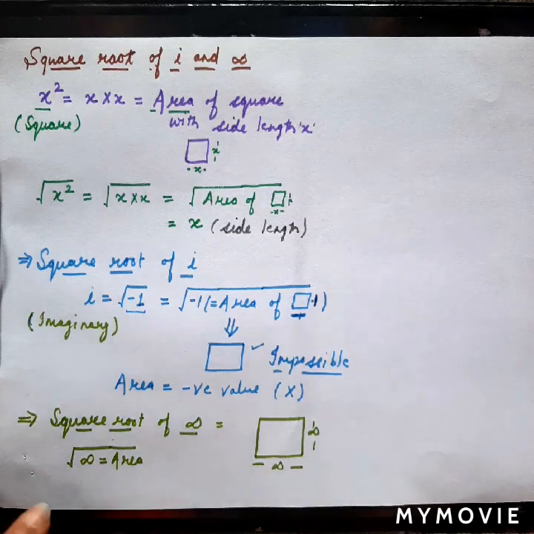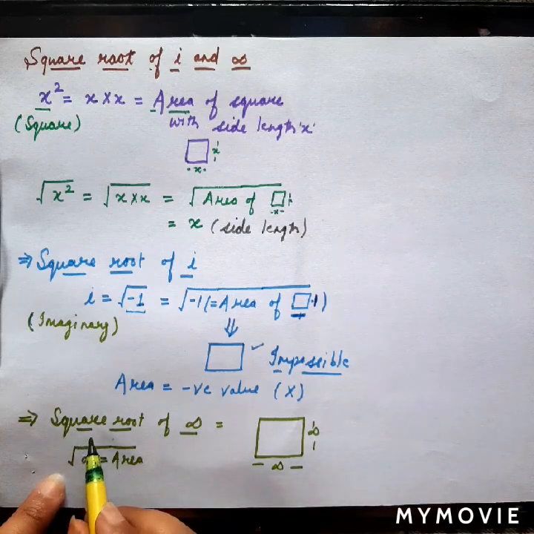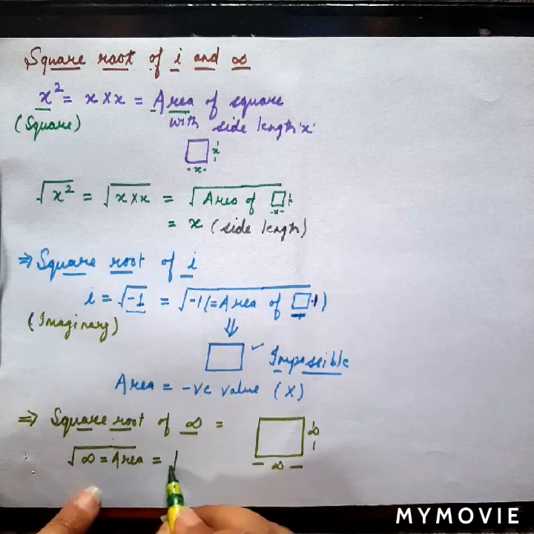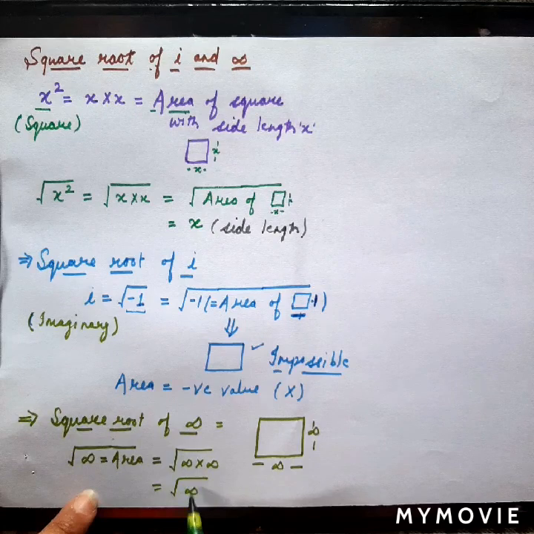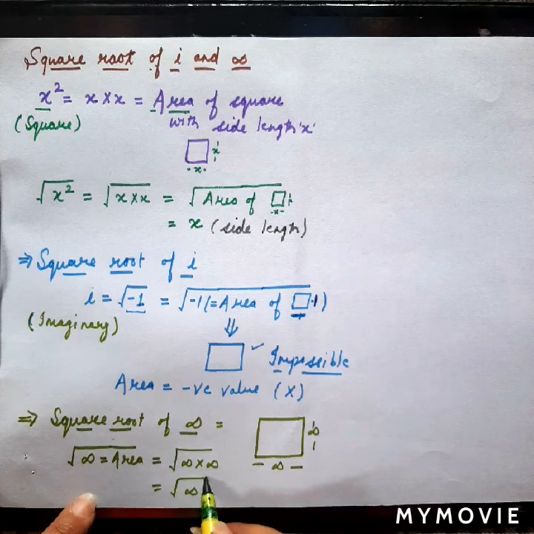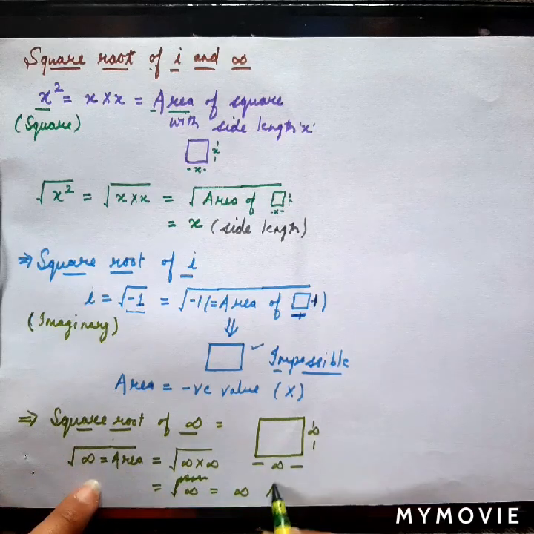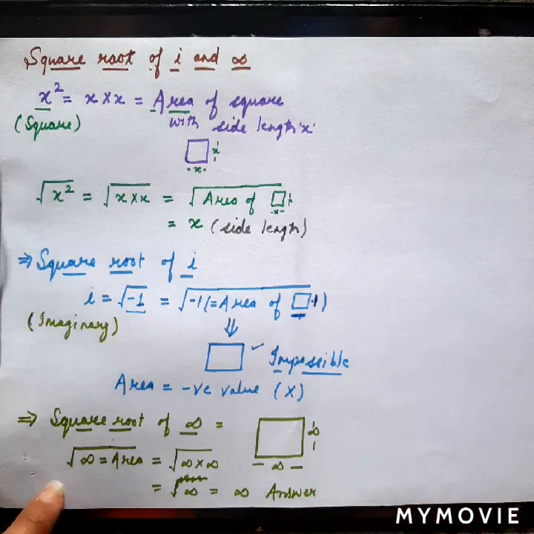In the same way, if we find the square root of infinite, the area will be equal to infinite into infinite, and the square root will also be equal to infinite. So in such a way, the square root of infinity will be equal to infinity, right? So in this case it was impossible to define.